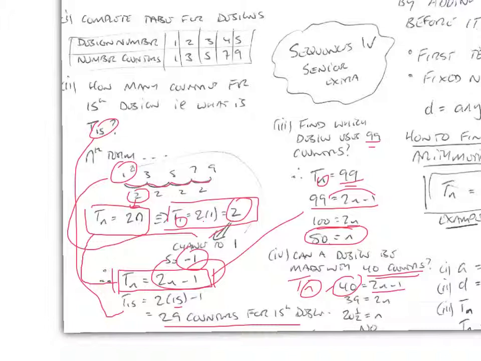So we let 40 equal 2n minus 1, so that means 39 is equal to 2n. So that's saying that the position is 20 and a half, and that doesn't make sense. It has to be a whole number, so no, you can't have a design with 40 counters, because there's no position for 40 in this sequence.